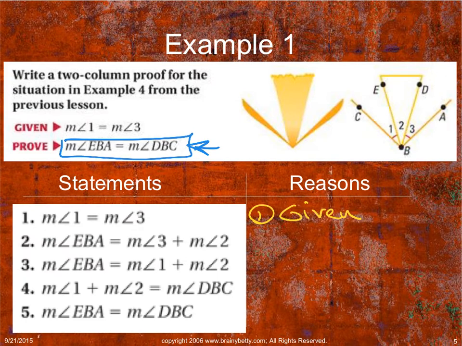You should be able to tell me that number 1 was given because it's right here, next to the word given. So when you're doing your proof, everyone should at least get that part right, giving me the given back. And then also you should be able to at least give me the last statement, maybe not so much the reason for it, but you should be able to also give me the last statement in the proof.